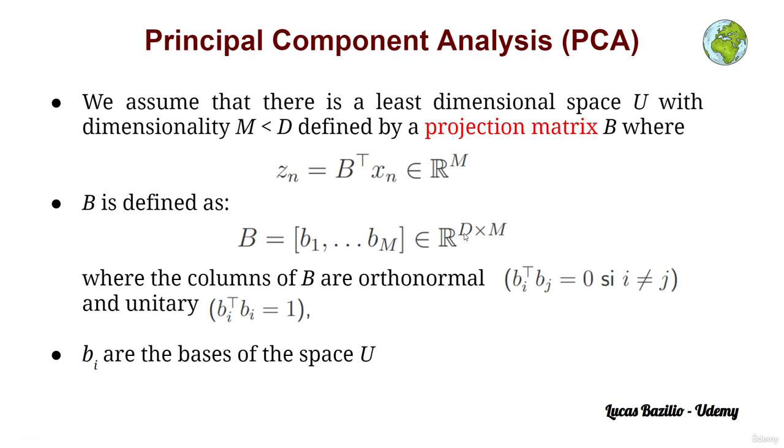Keep in mind that B is a matrix that has a total of D rows and N columns, where the columns of B are perpendicular and also unitary.